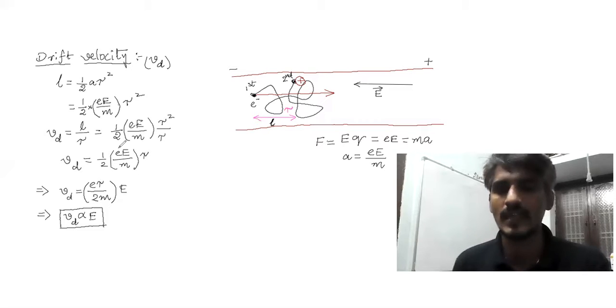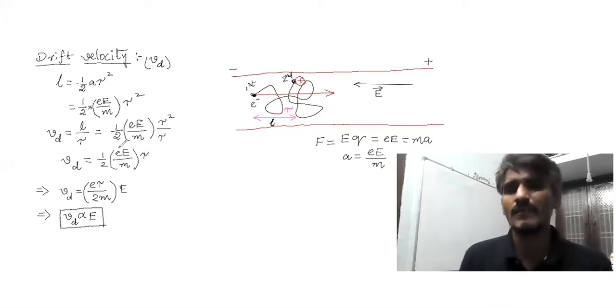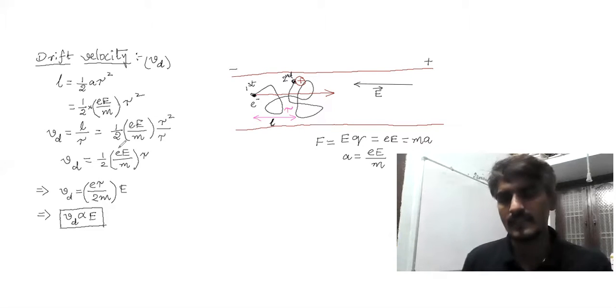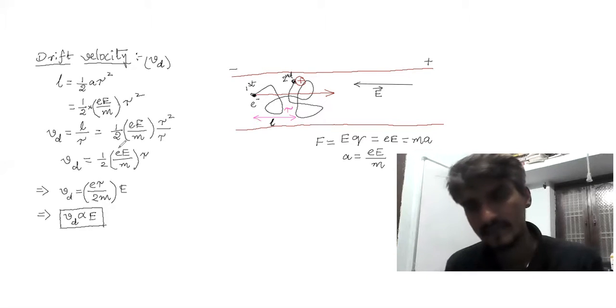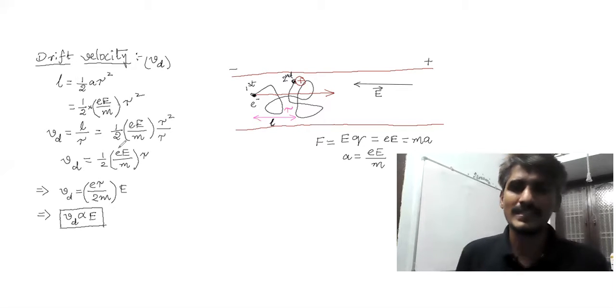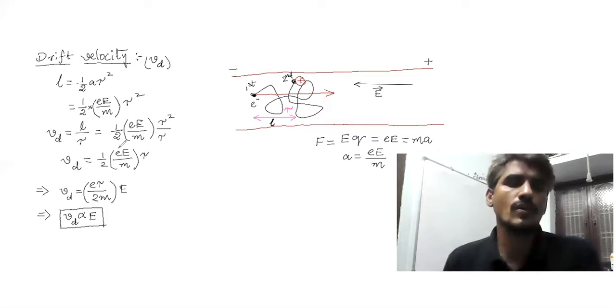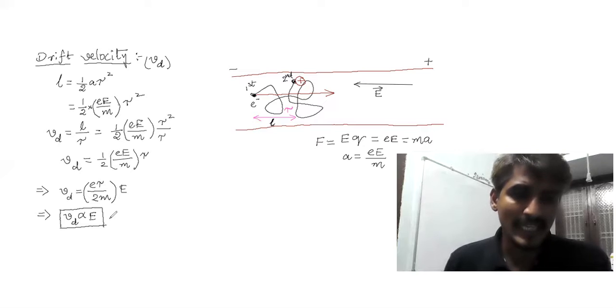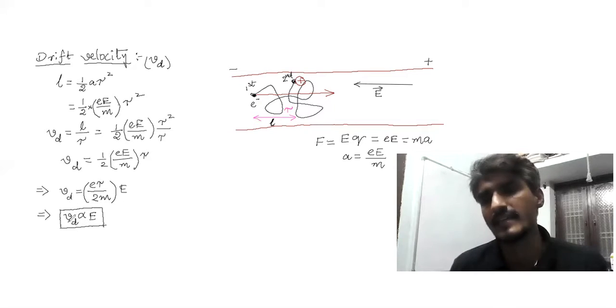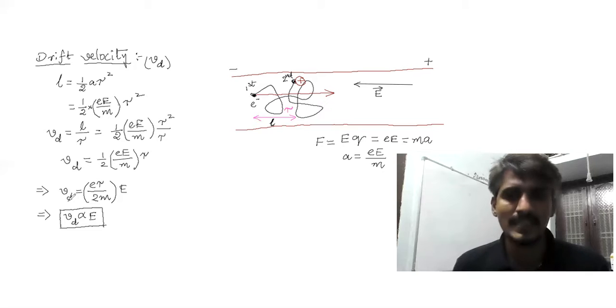If force is more, that object will move with a greater acceleration, or the average velocity will be greater. Here also, electric field is nothing but force, so if the electric field is greater, the drift velocity also increases. If the electric field is less, drift velocity is also less.